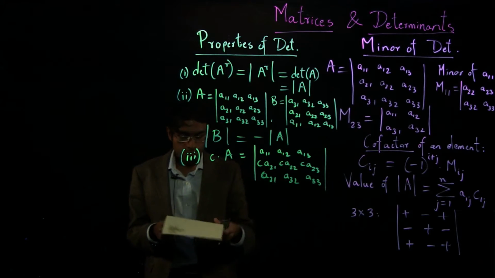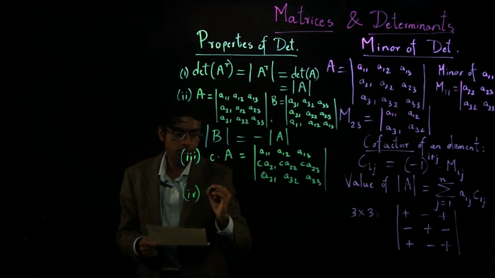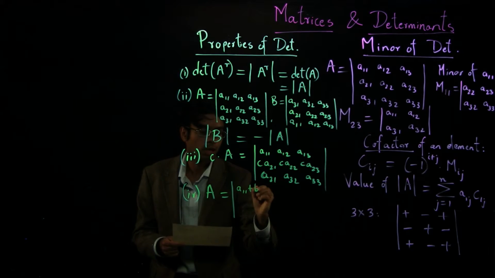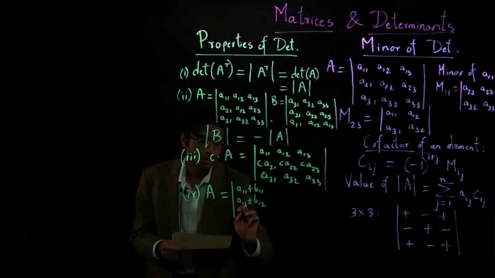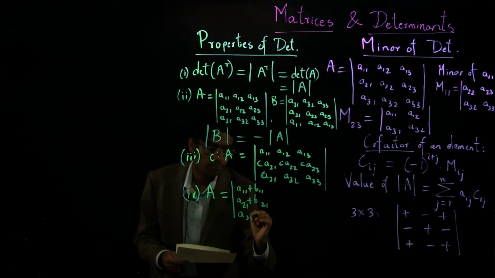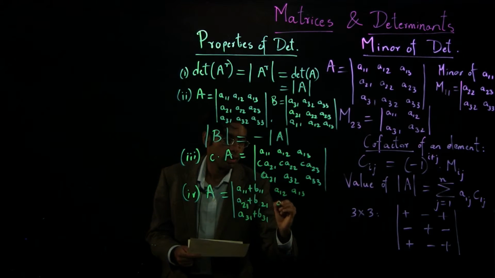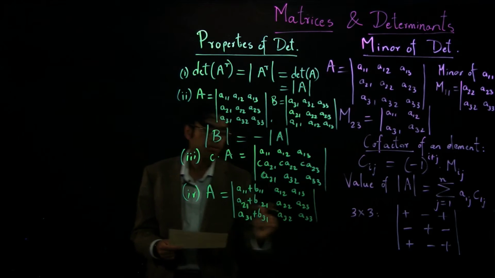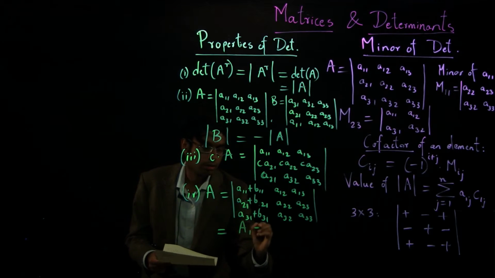Which means that you can also break down a determinant into two or more parts. So let's say you have a determinant composed of parts such as A11 plus B11, A12, A13, A21 plus B21, A22, A23, A31 plus B31, A32, A33, and you can decompose this into two determinants, A1 plus B1.